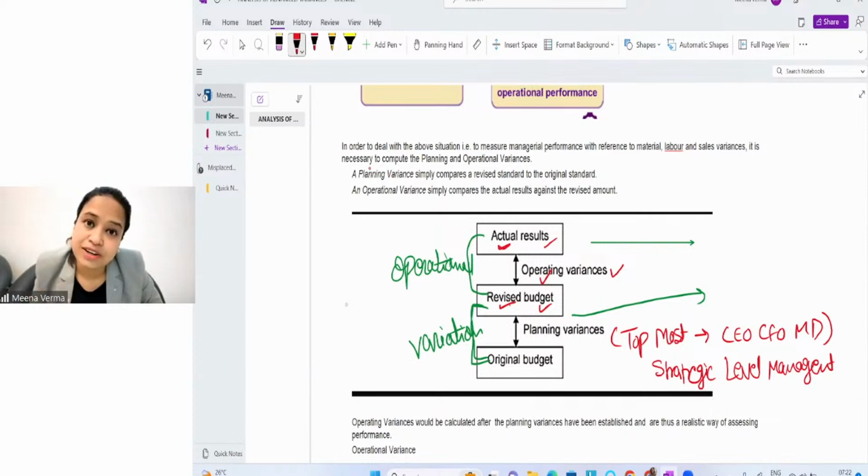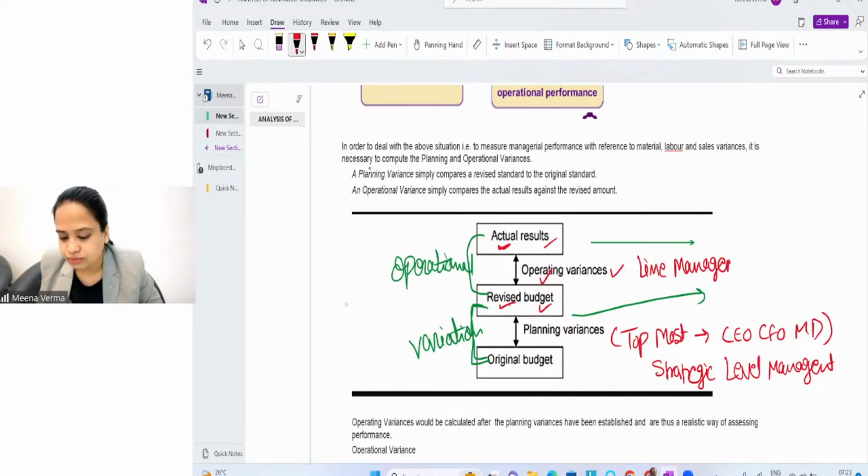So for operational variation, the operational level managers are responsible, like production manager, purchase manager. The lower level management, the line management people, are responsible for all these variations.